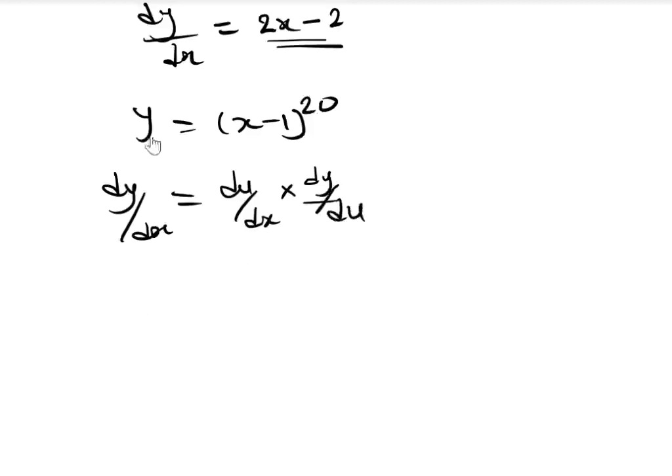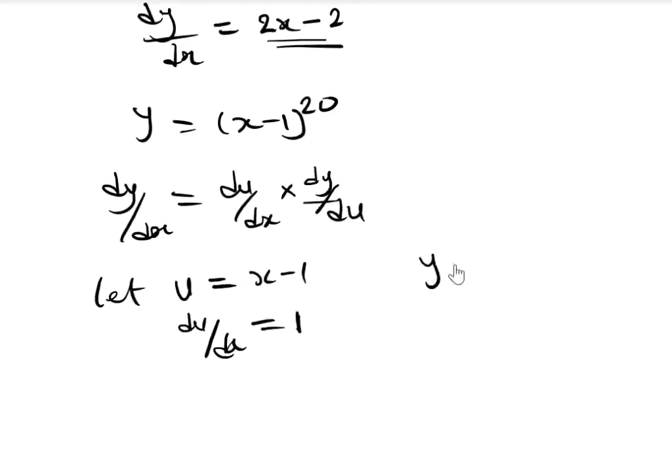So to solve this very question, we can say let u be equal to x minus 1, and du/dx is equal to the differentiation of x, which is 1, and the differentiation of minus 1 is 0. So if we assume u to be this, therefore our original equation will be y is equal to u power 20.